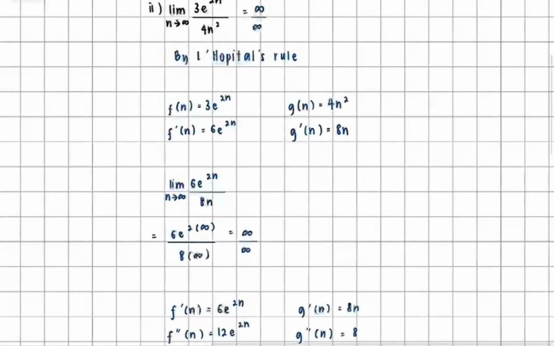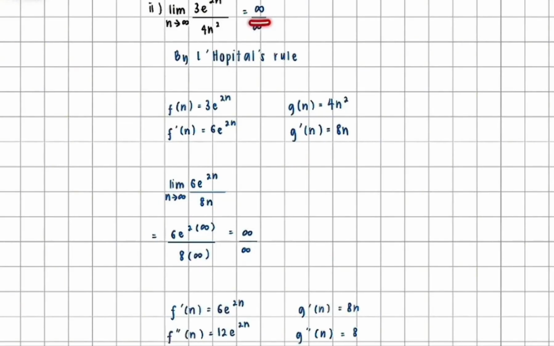For the second one, the limit is n approaches infinity of 3e to the power of 2n over 4n squared. As n approaches infinity, 3e to the power of 2n goes to infinity, and the denominator 4n to the power of 2 also goes to infinity.